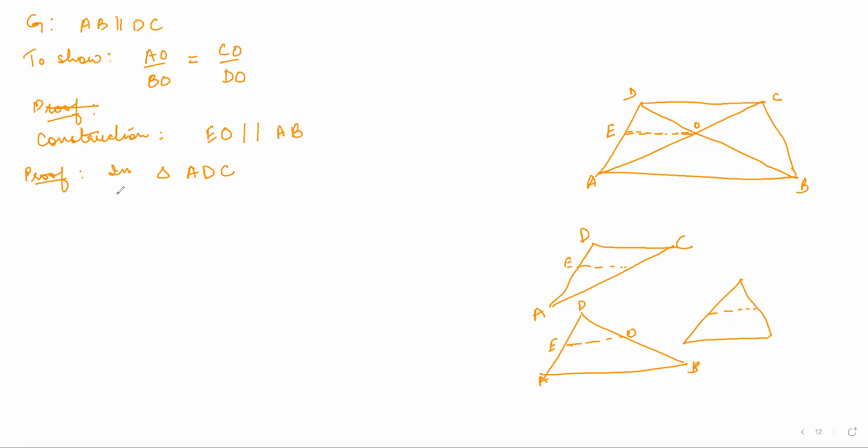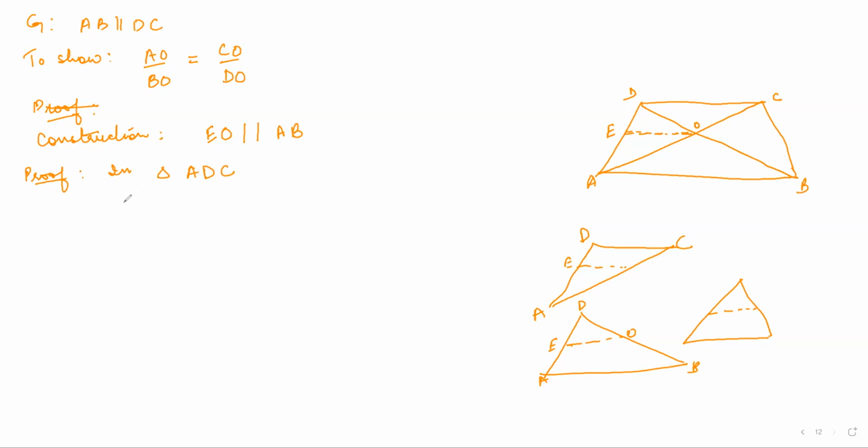In triangle ADC, if I take the top triangle ADC and EO I have drawn parallel to AB. So I think I should take the bottom one first. Okay, can you see the triangle ADC in the figure, Sarah, clearly?